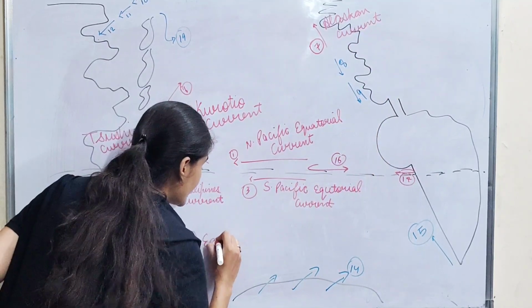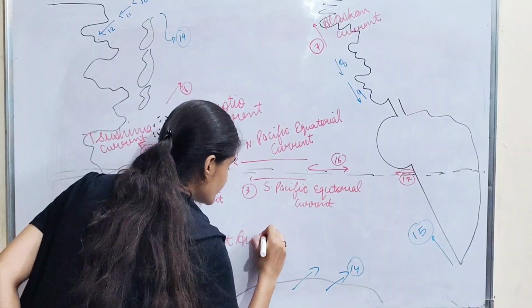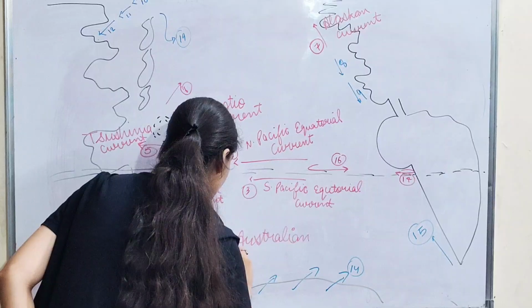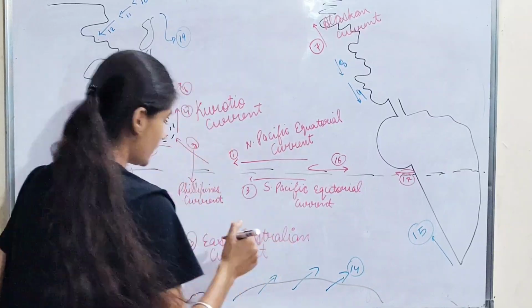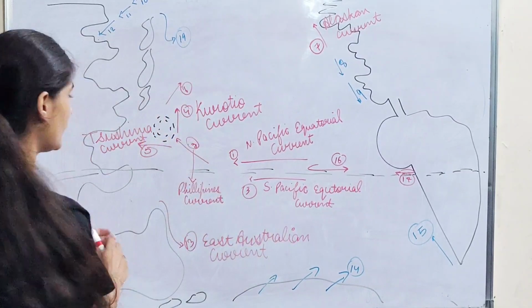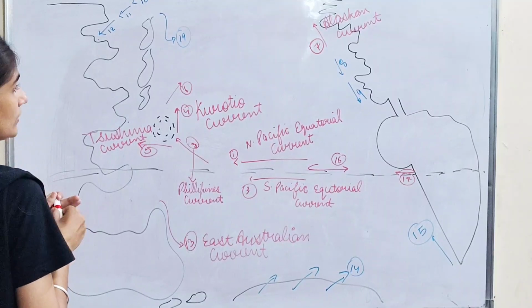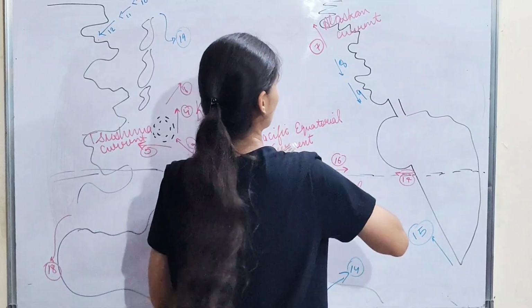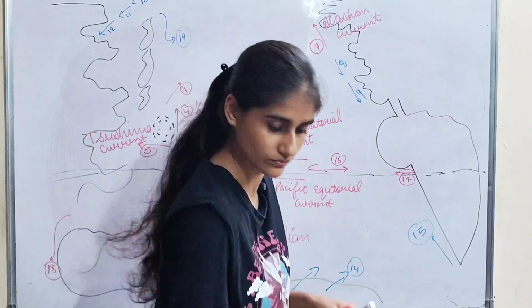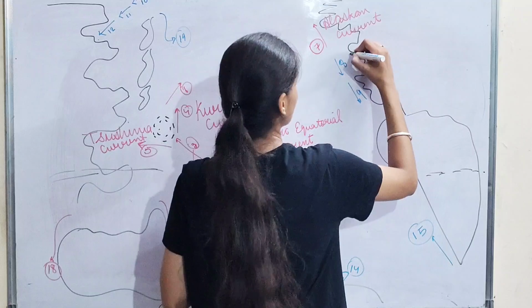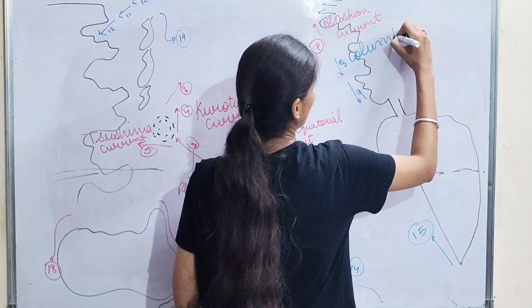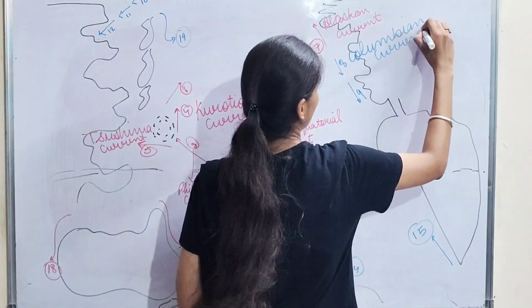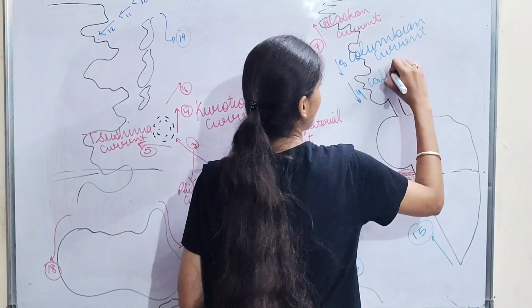13th, East Australian Current. Next we have Colombian Current, Californian Current.